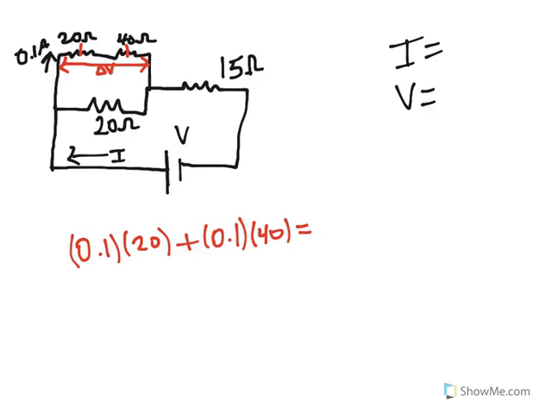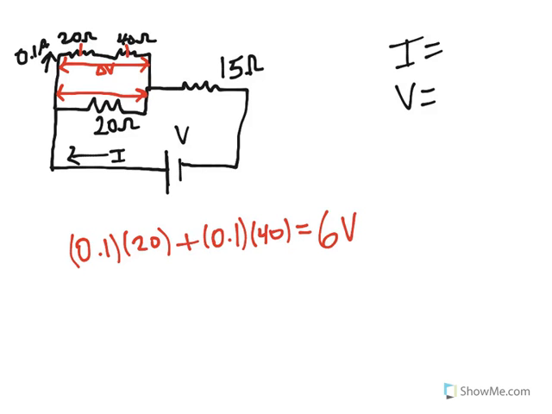And what that gives me is a potential difference across those two of 6 volts. Now the reason I have to include both of them is because they're both in series and they're both in the same branch of parallel. So if that branch has a 6 volt potential difference, then so does this one across the 20.